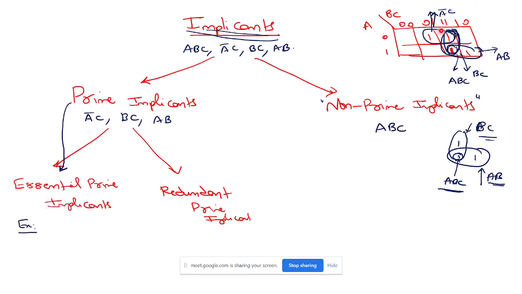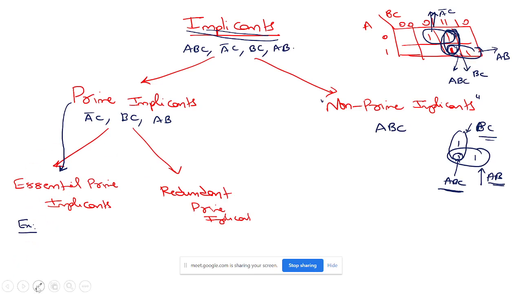A bar C has a 1 which is not present in anything else, so A bar C will become essential prime. AB also has a 1 which is not present in anything else. But BC is a prime, and its ones are present in A bar C and AB, so BC will become redundant prime.